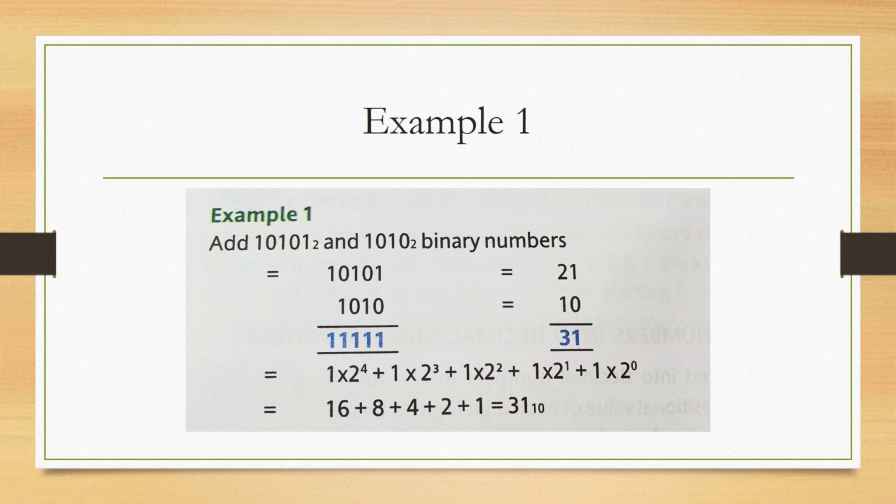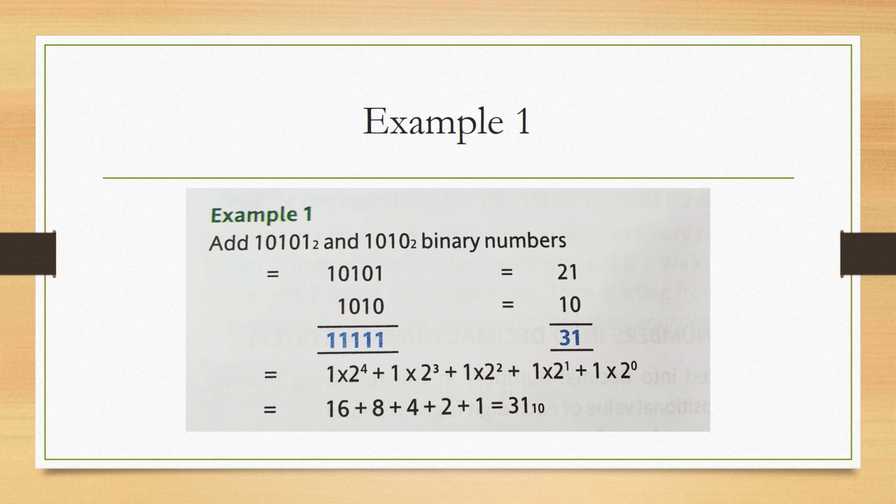We have already solved this by writing at the bottom 1 into 2 raised to power 0 plus 1 into 2 raised to power 1 plus 1 into 2 raised to power 2 plus 1 into 2 raised to power 3 plus 1 into 2 raised to power 4. As you have already learned in the previous videos how to convert decimal numbers into binary and binary numbers into decimal, now the answer will be 16 plus 8 plus 4 plus 2 plus 1 equal to 31, that is a decimal number.